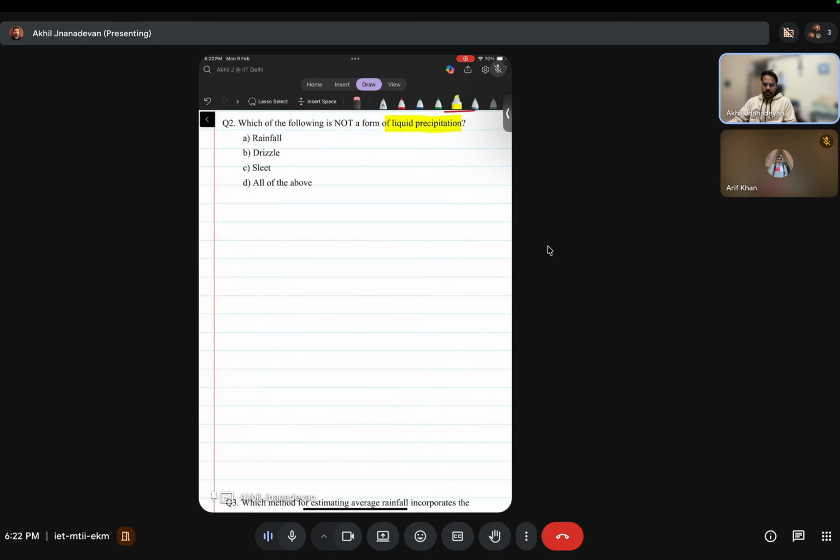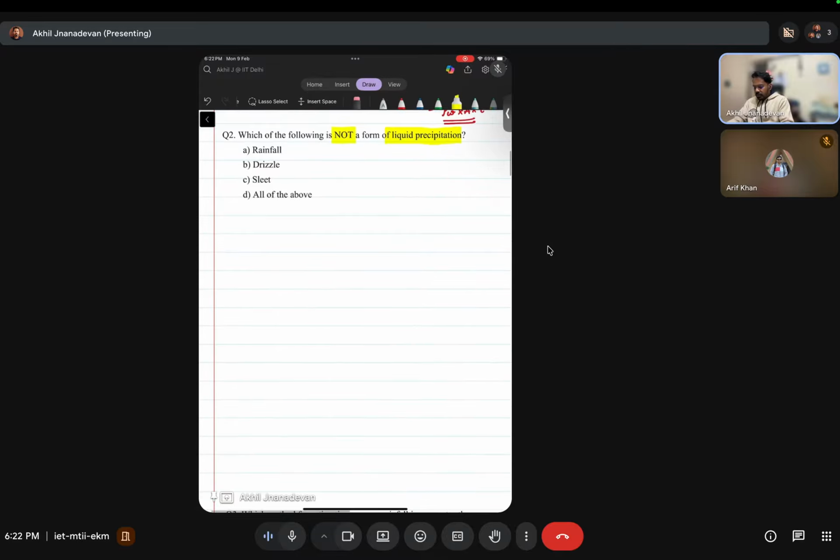Based on the size of the water droplets, we can classify this into different forms of precipitation, right? In this question, it is asked which is not a liquid form. So can you answer this? Which is not a liquid precipitation?